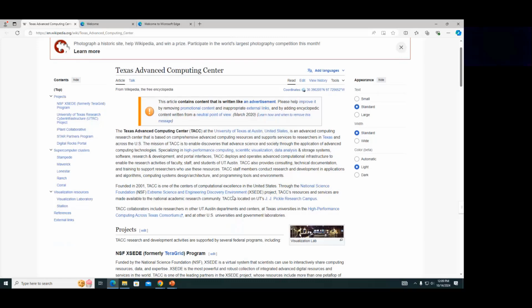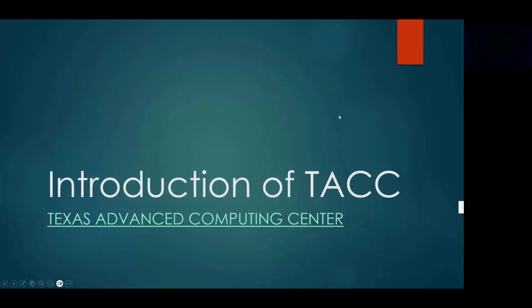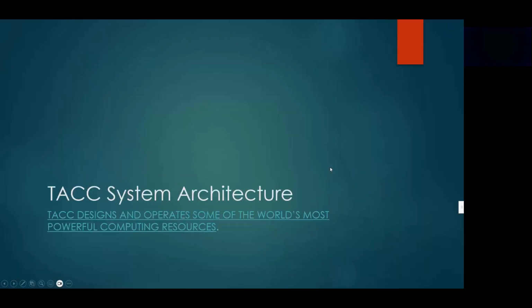So I would like you to know this term, Extreme Science and Engineering Discovery Environment. This is an association or union that's all funded by the National Science Foundation. Initially, they called it TACC. So this is something I would like to give you as a brief idea.